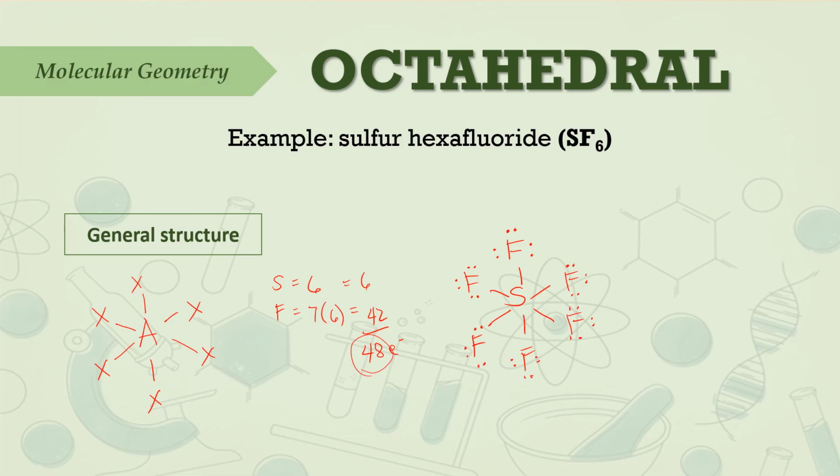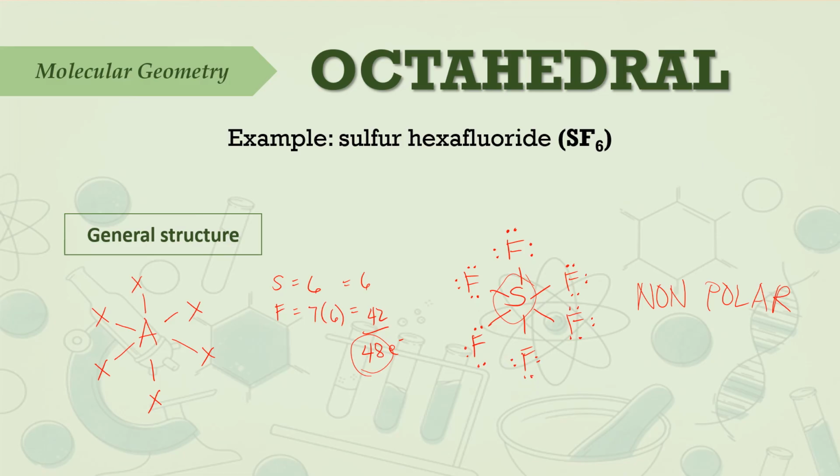So we have 8, 16, 24, 32, 40, 48. Since the central atom doesn't have a lone pair, then this structure is non-polar. Therefore, sulfur hexafluoride is non-polar.